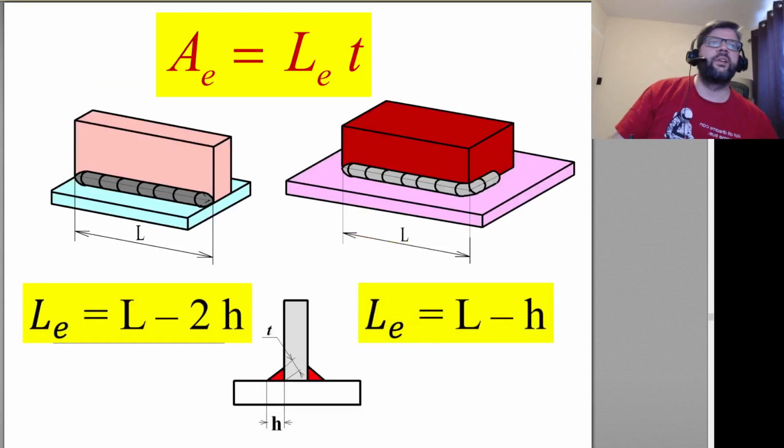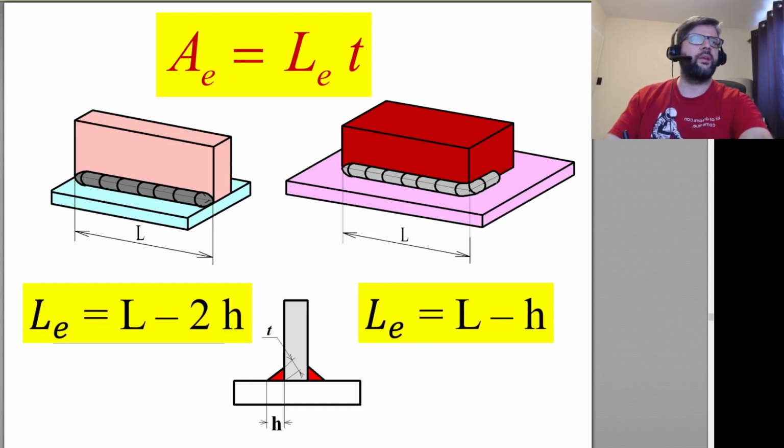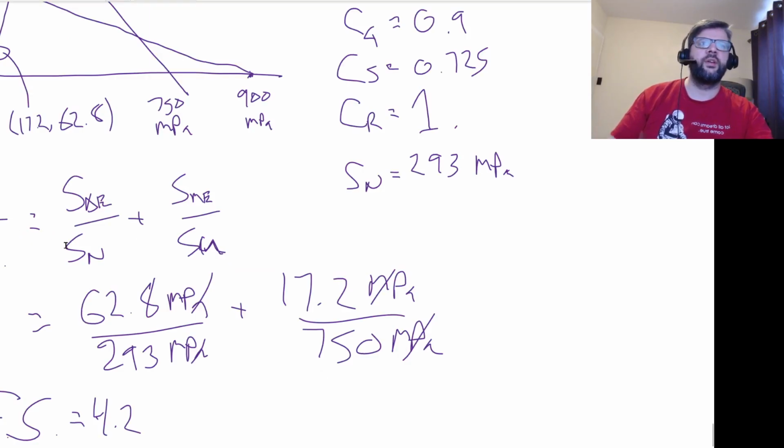And then we got the effective length. So basically, when you're laying down a fillet, I'm just going to do a cross section here. Actually, let's bust open a OneNote for this.